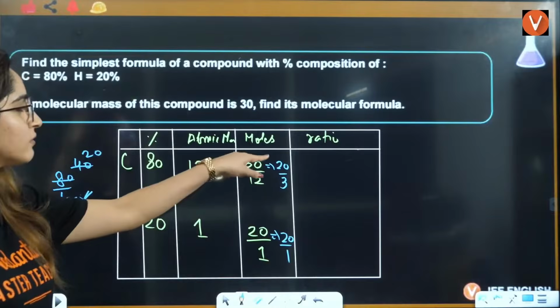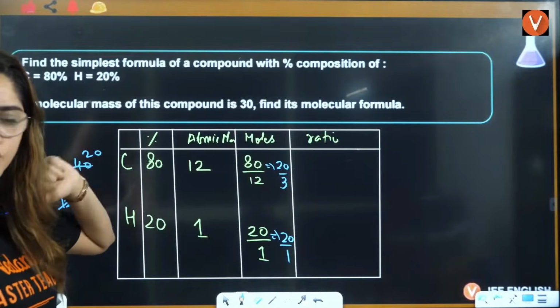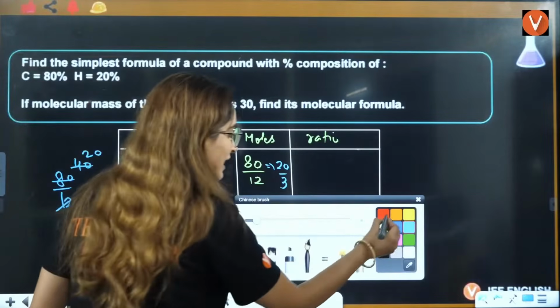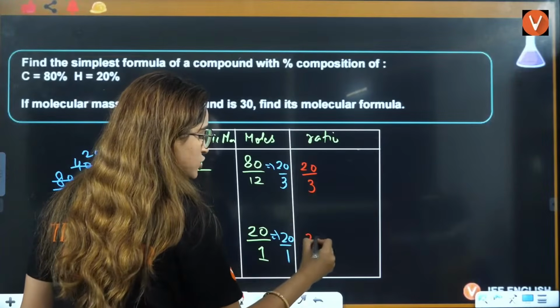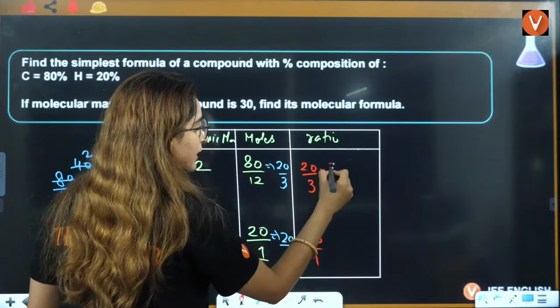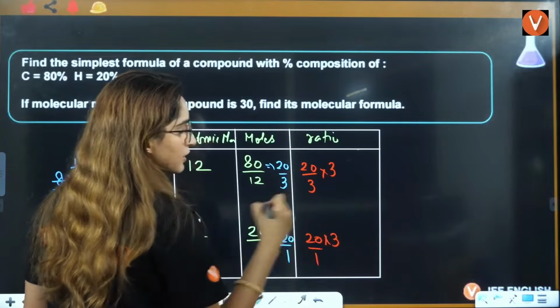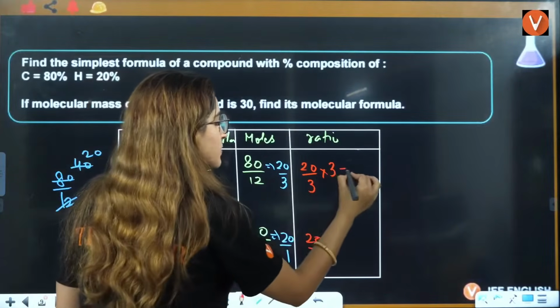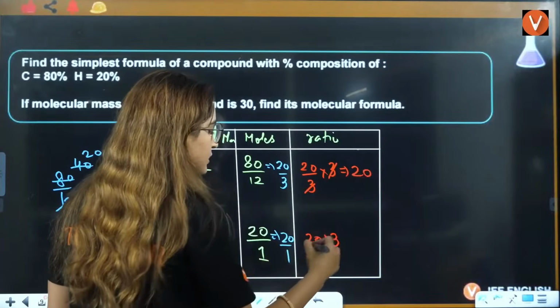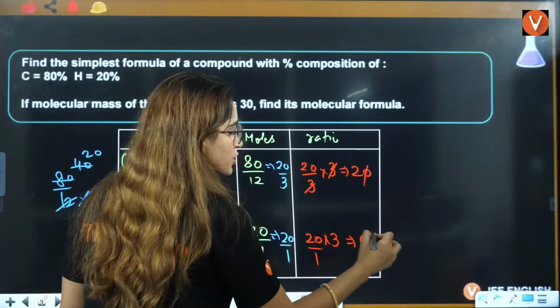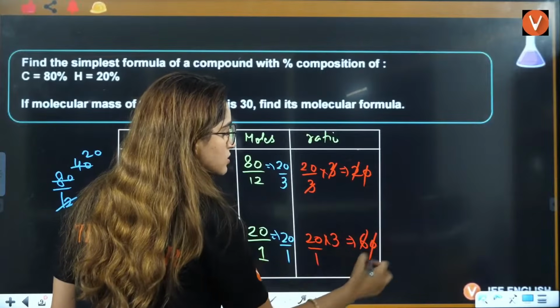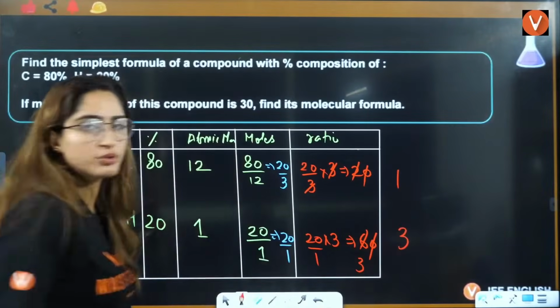So if I want to calculate the simplest whole number ratio, this is 20 by 3, this is 20 by 1, I multiply this with 3, I multiply this with 3, right? Now this will become 20, this will become 60. Now when you calculate the ratio here, 0, 0 will cancel, this is 2, this is 3, so it will be 1 ratio 3, right?